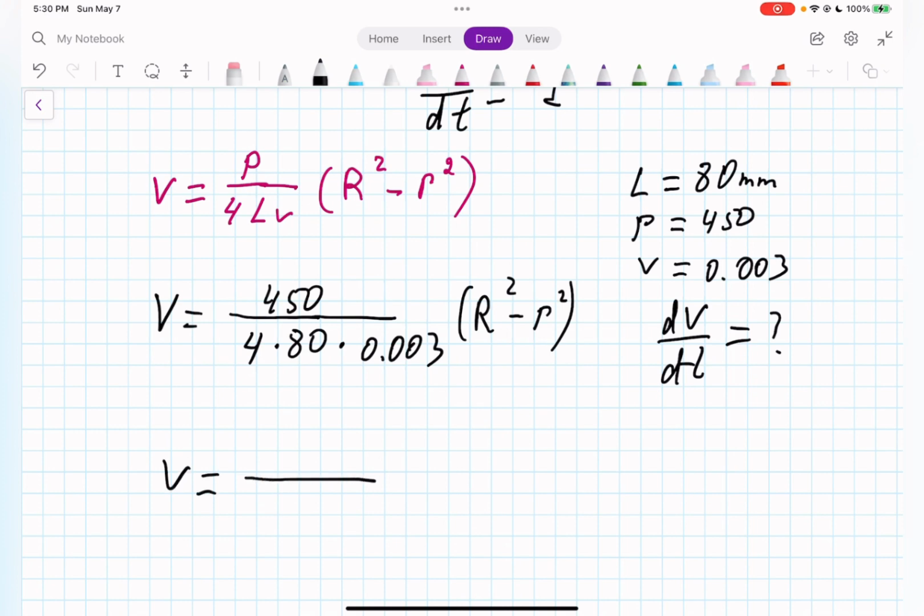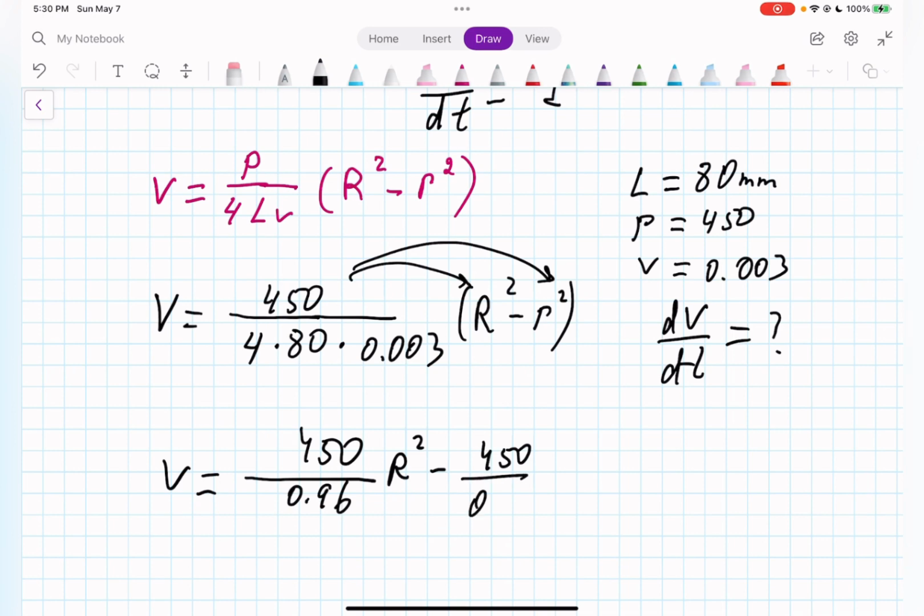So 0.96, and here I have 450. If I distribute this over the parentheses, it's going to be 450 over 0.96 times R squared minus 450 over 0.96 times lowercase r squared.